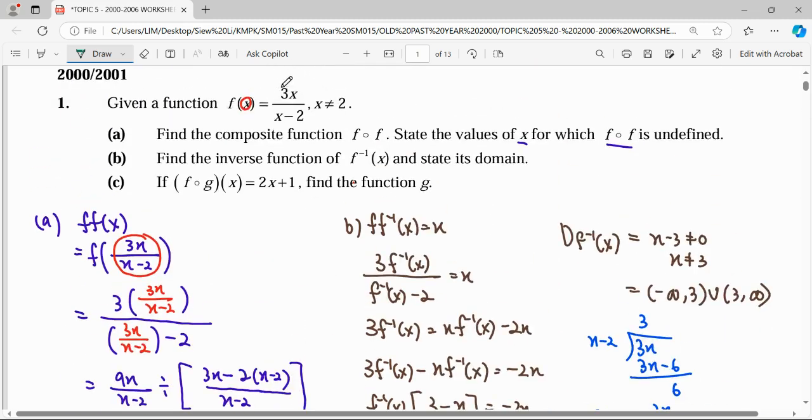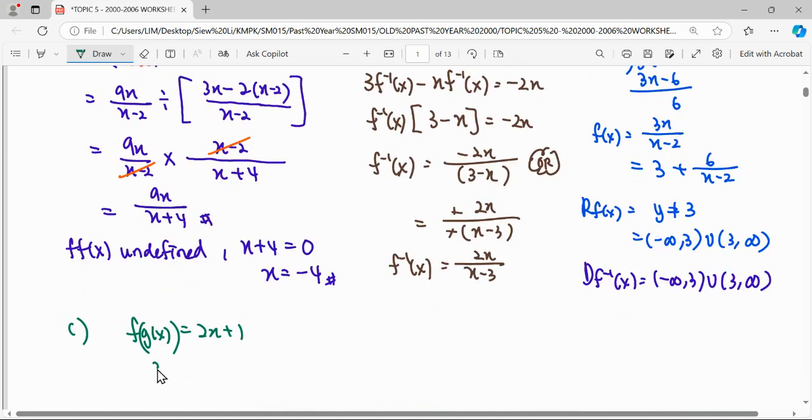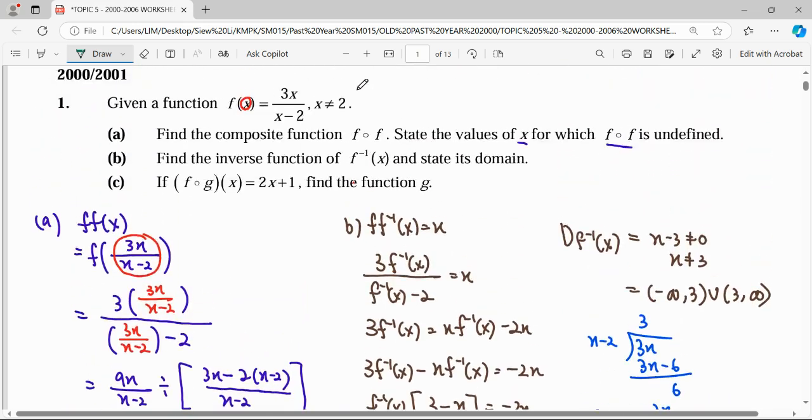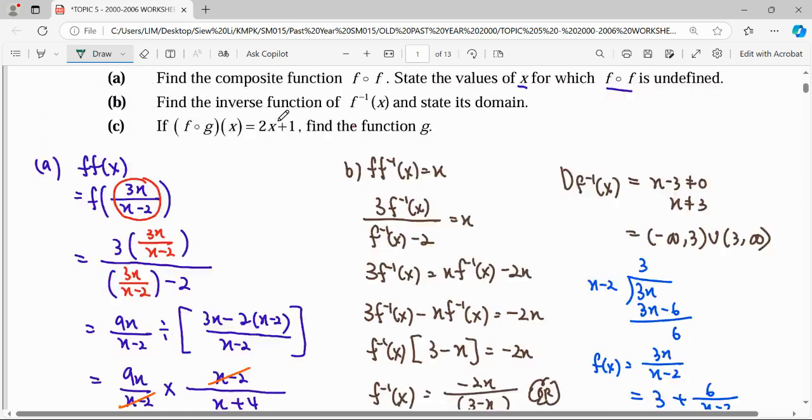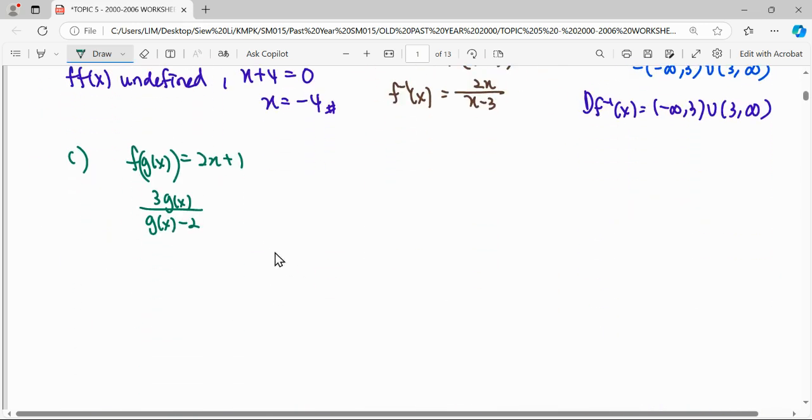So into the f here, x is replaced by g(x). It will be 3 g(x) over g(x) minus 2, and it equals the answer of 2x plus 1. What we need here is to find g(x).